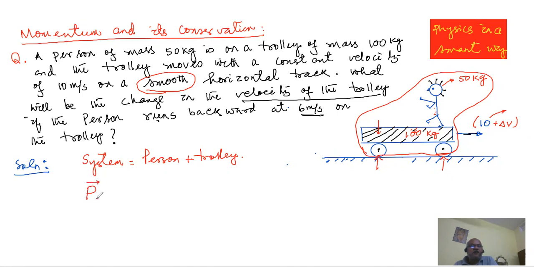P initial will be equal to P final. Now we put in the quantities. When you try to write the initial momentum, immediately a question comes in: we are writing this equation, but who are we?